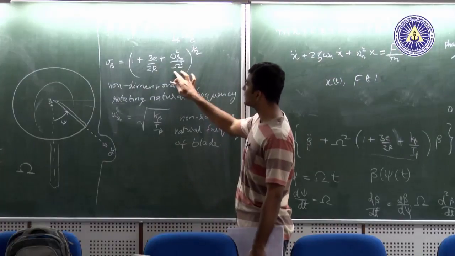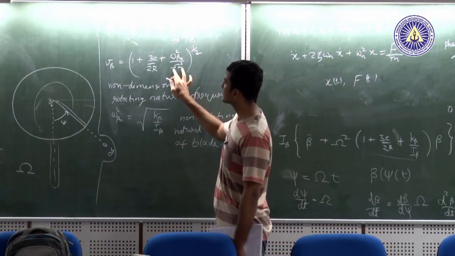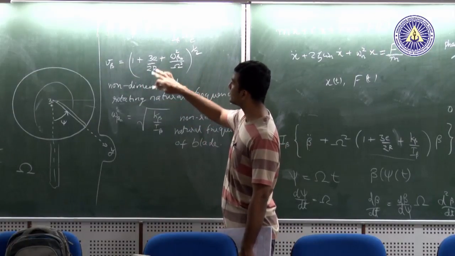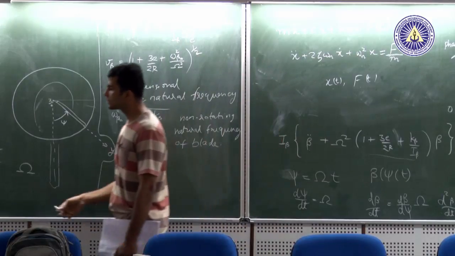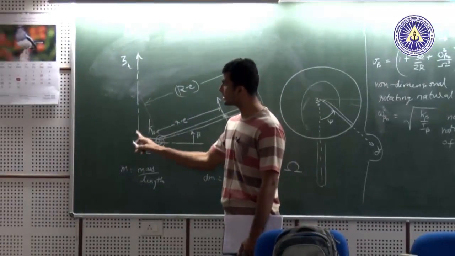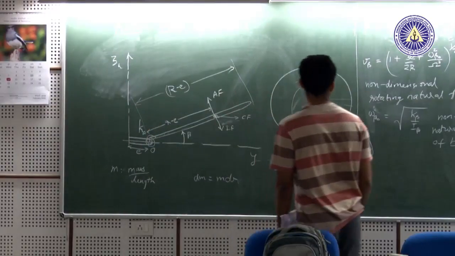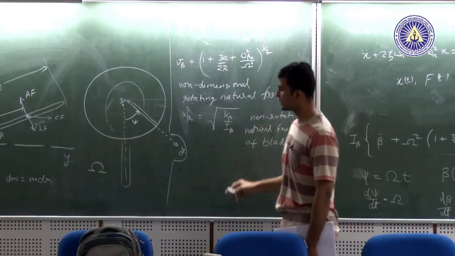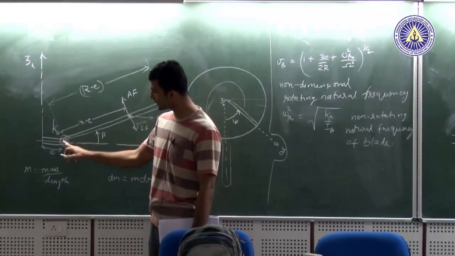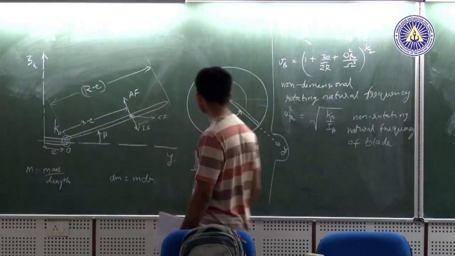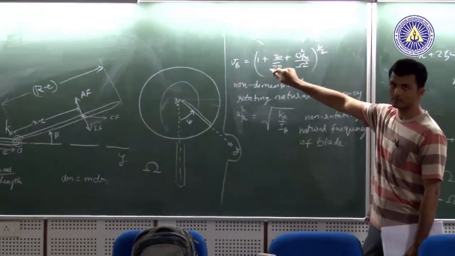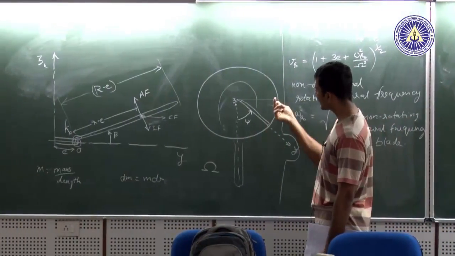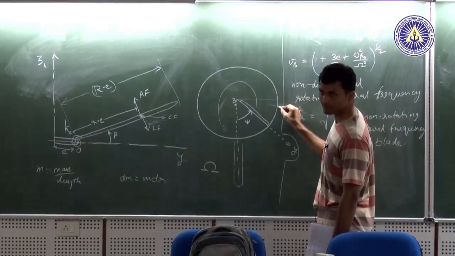So if you have a very large omega, the nu beta would be closer to 1. Or in other words, let's say you have E equal to 0, so your hinge is exactly at the rotating axis, and there is no torsional spring associated with this blade. In that case, you have your nu beta exactly equal to 1, and for that particular rotor system, your response would be exactly at 90 degree, not somewhere here.